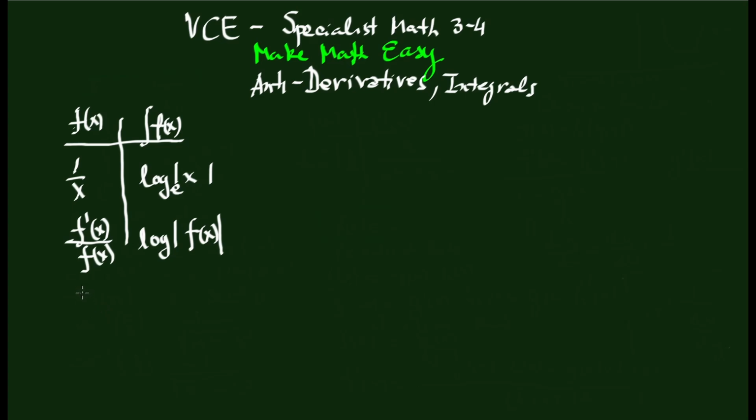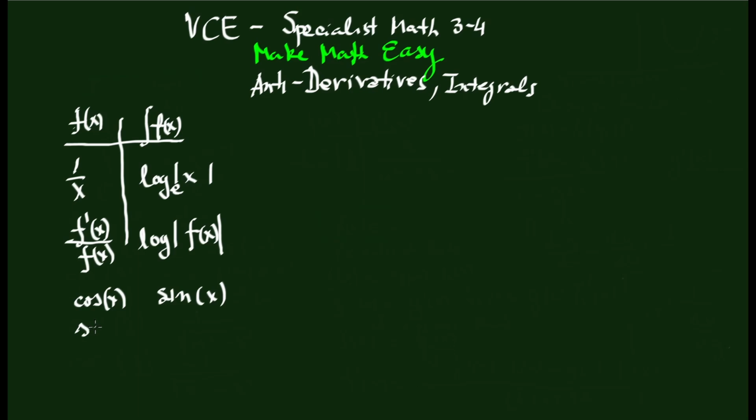So if you say cosine of x, then you will have sine of x. And you also know that the first derivative of cosine is minus sine.